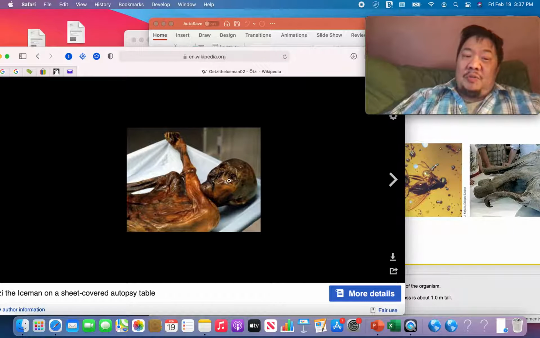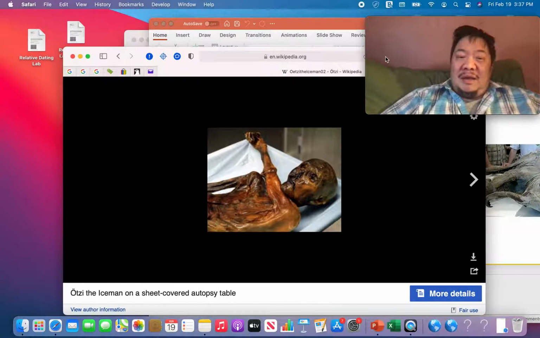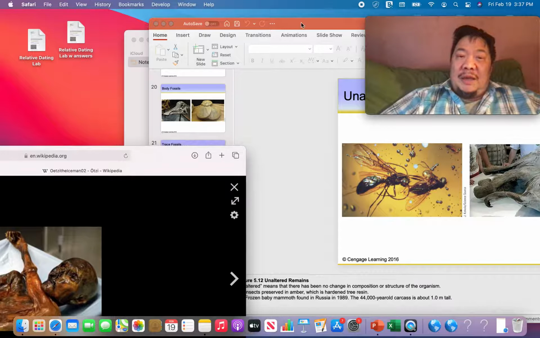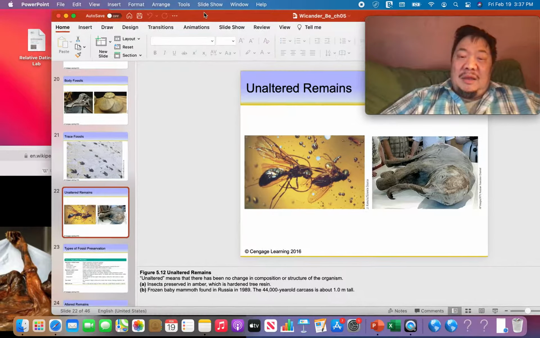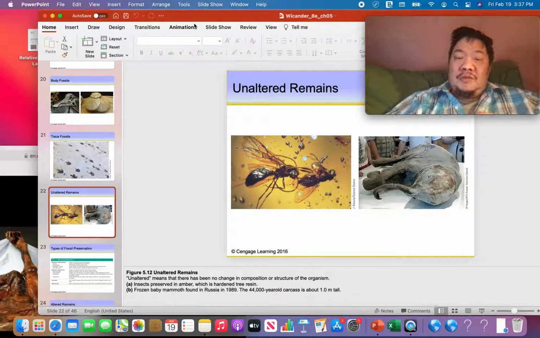The extreme cold preserved him, and we learned a lot about what he was like. And he was wounded, somebody shot him with an arrow, and he died 3,300 years ago. So cold can preserve fossils.